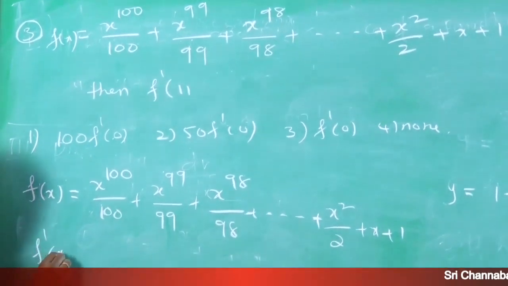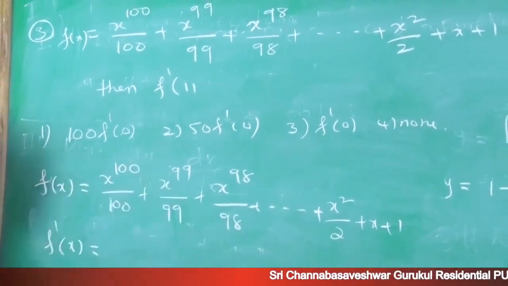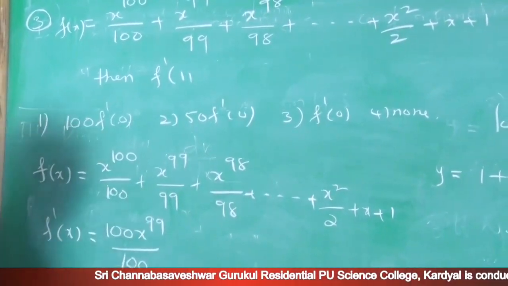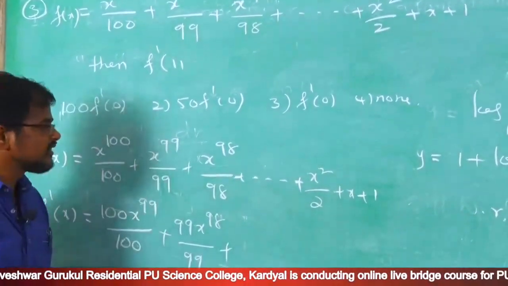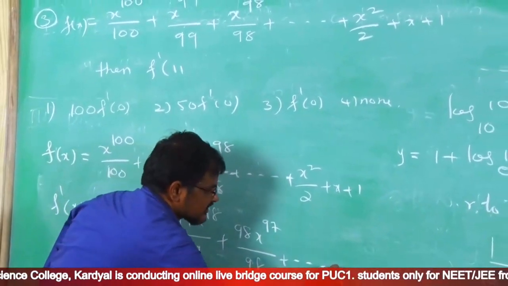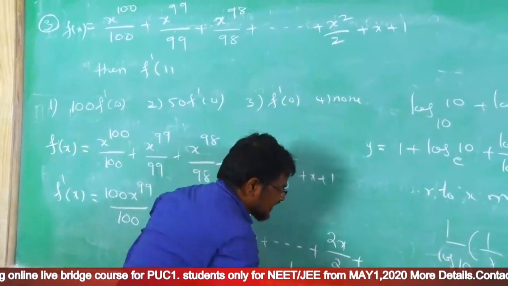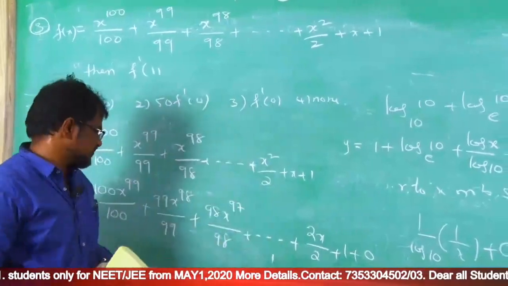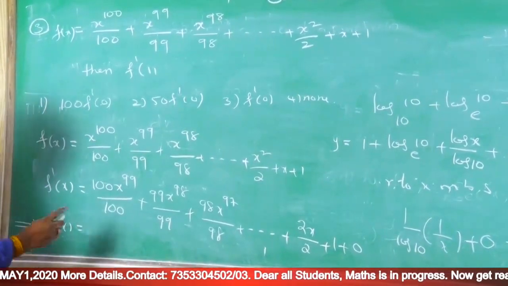So f dash of x equal to, 1 by 100 as it is constant, differentiation of x to the power of 100 is 100 into x to the power of 99 divided by 100, plus 99 into x to the power of 98 by 99, plus 98 into x to the power of 97 divided by 98, plus etc., plus differentiation of x square is what? 2x, 2x by 2, plus differentiation of x is what? 1, plus differentiation of constant is what? 0.